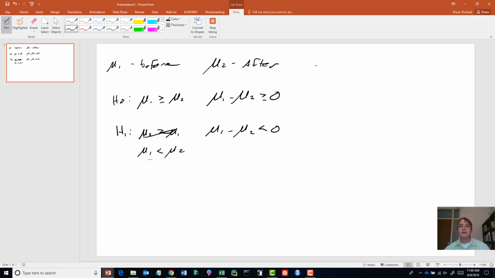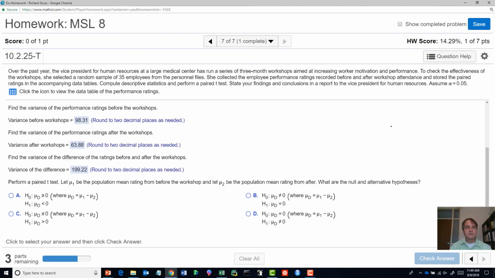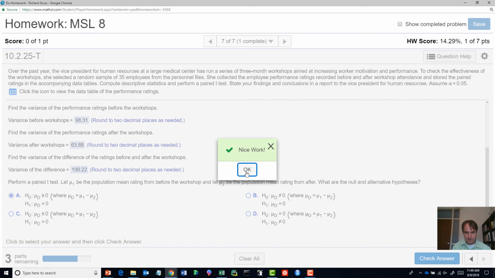Okay, now they told us they were going to define mu1 minus mu2 as mu sub capital D. So it's just going to be mu sub D greater than or equal to 0, and mu sub D less than 0. Okay, so this is our null, and this will be our alternative. So that's there, and then the alternative less than 0. Okay, so that's the right answer right there.